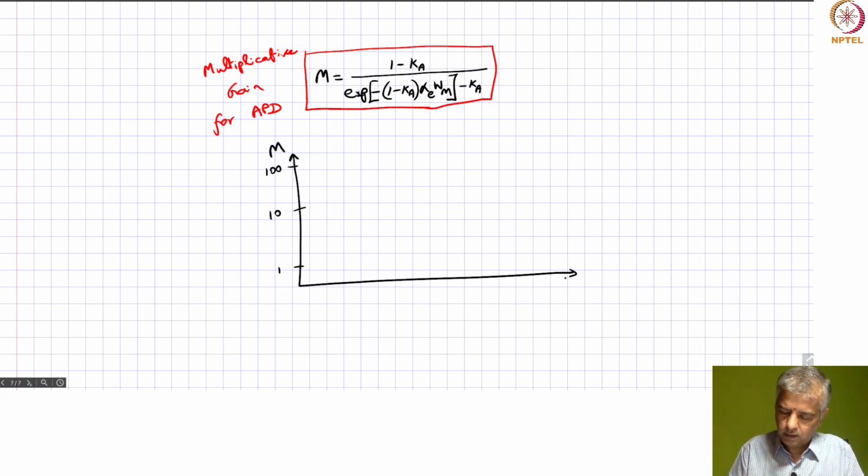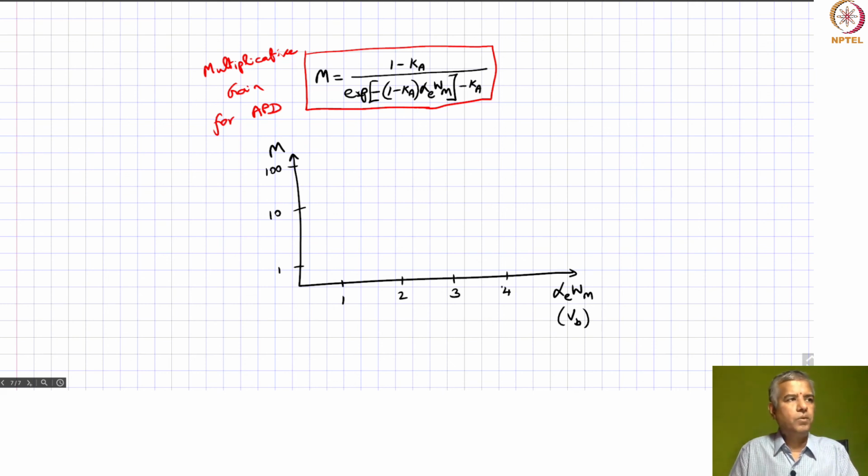Whereas on the x-axis, I have alpha E Wm, which is representative of the V bias, because that's what you're changing to change alpha E Wm. So 1, 2, 3, 4 and so on.